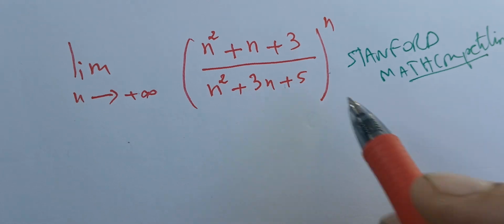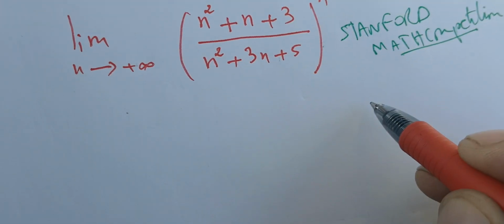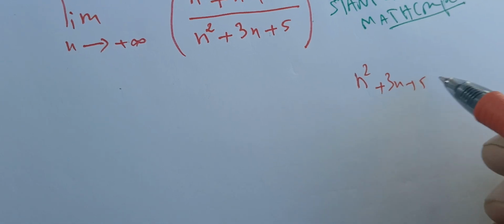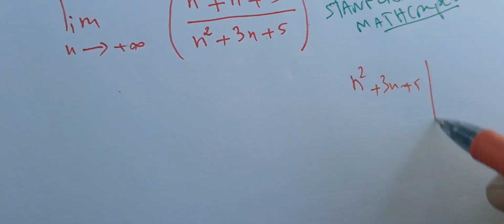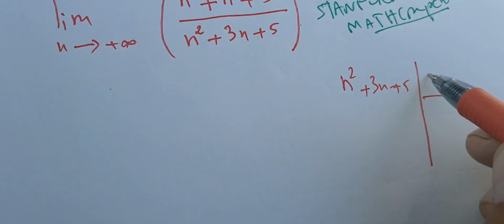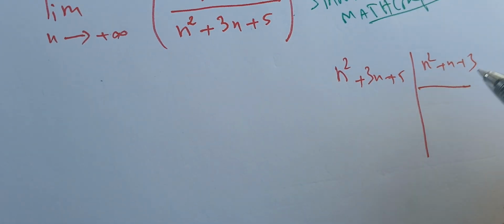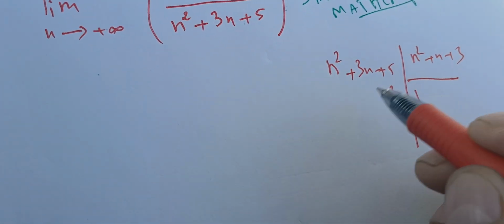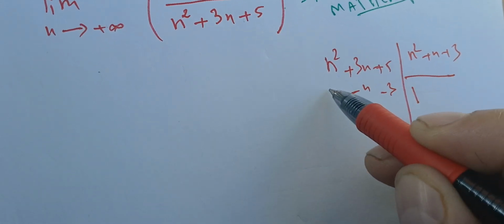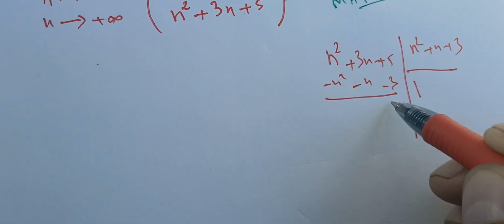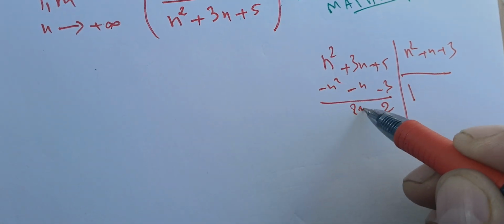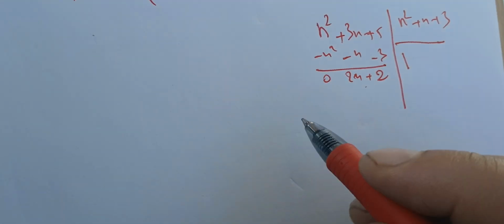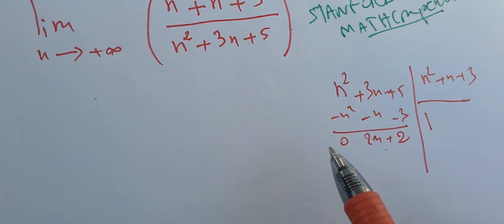We can write it the traditional way: n squared plus 3n plus 5, and we divide that by n squared plus n plus 3. So we have 1, minus, 3n minus n squared, therefore we have 2n and 2. Okay, we can rewrite it. I think this is the key.